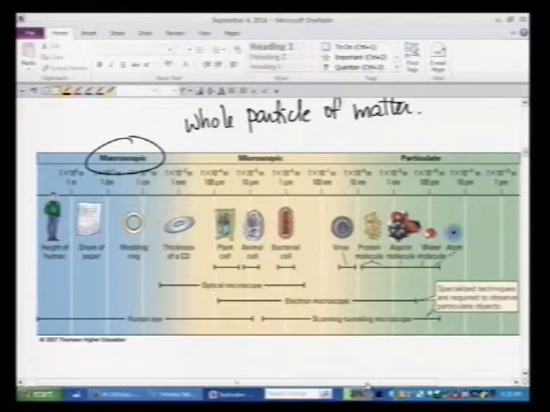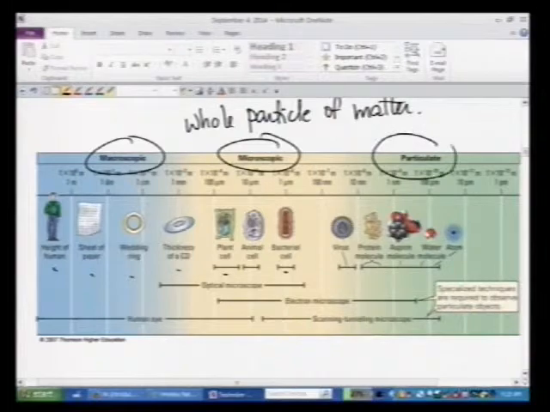Macro would be big, so you've got people, paper, wedding rings, CDs, and then they get smaller to when we need a microscope to see them. Anybody who plans on taking biology is going to end up doing a lot of microscope work. So you've got cells, plant, animal, bacterial cell.